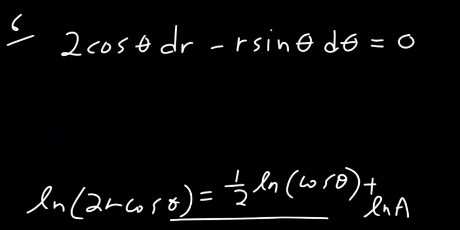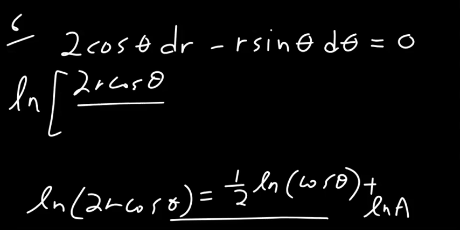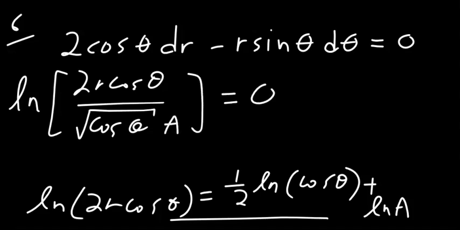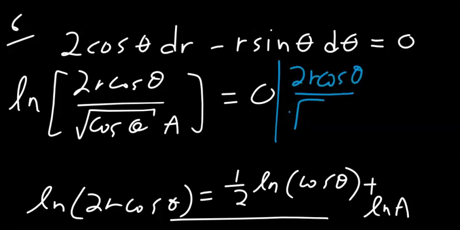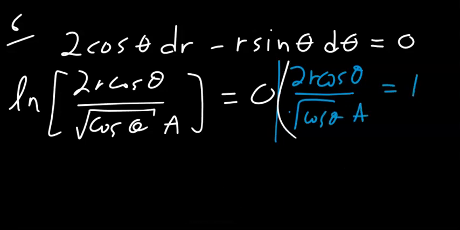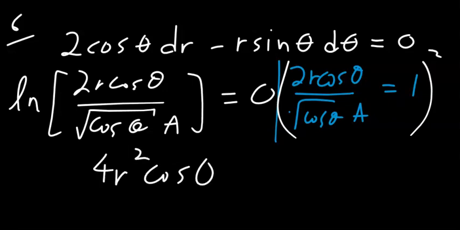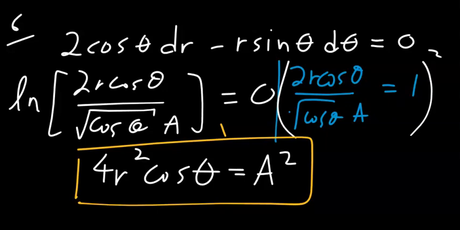Let's combine all the natural logs. You have natural log of 2r cosine theta over square root of cosine theta times a equals to 0. That means 2r cosine theta over square root of cosine theta times a equals to 1. Squaring both sides, we get 4r squared cosine theta equals a squared. And this is the general solution to that equation.